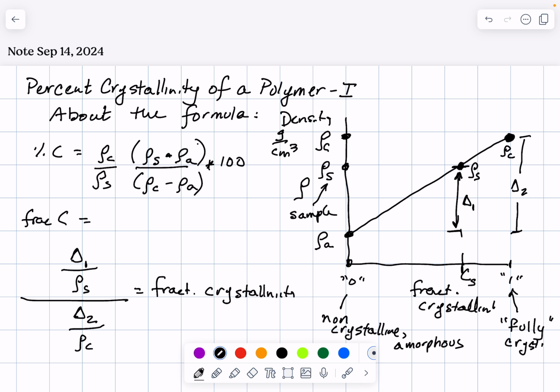And we could turn it into percent crystallinity by multiplying both sides by 100.